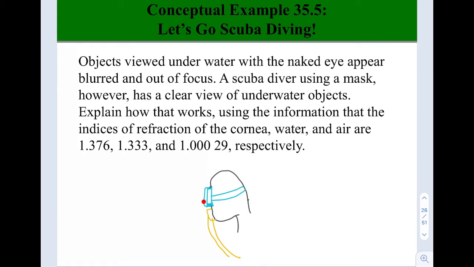This provides the normal amount of refraction at the eye-air interface. Consequently, the light from the object focuses on the retina, and the diver is going to see the object clearly, compared to the naked eye just now, right?